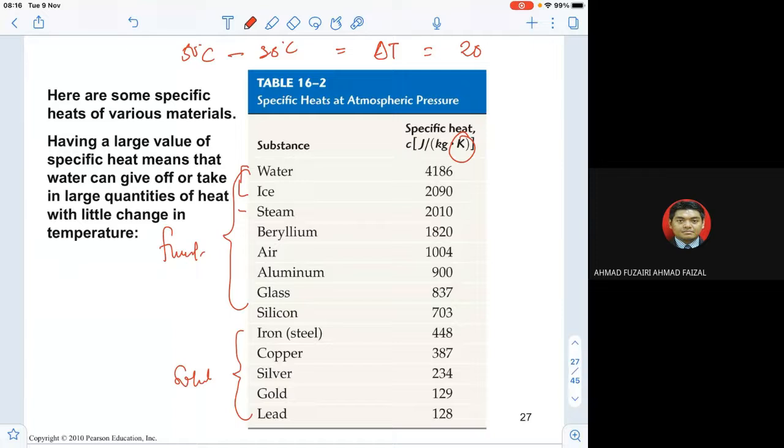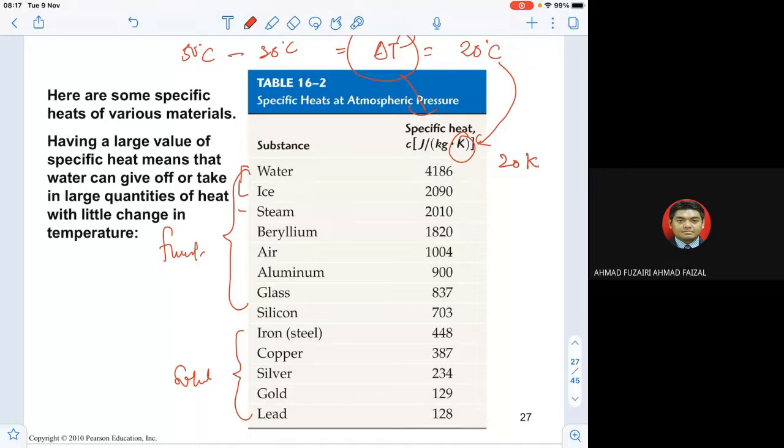Obviously this one is 20 Celsius, but here it is Kelvin. Does it have the same value? The answer is yes, because this delta theta will also give you 20 Kelvin.